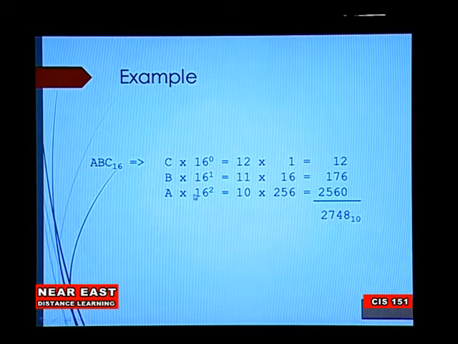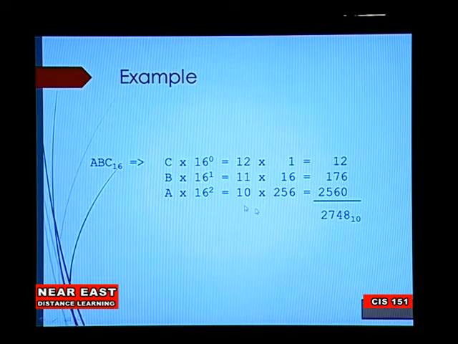A times 16 to the weight 2, A equals 10. 10 multiplied by 256 is equal to 2,560 in base 10.